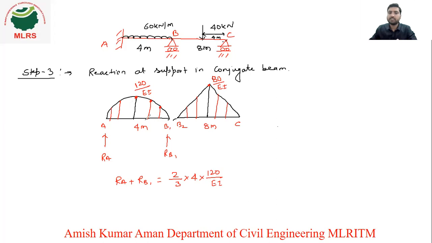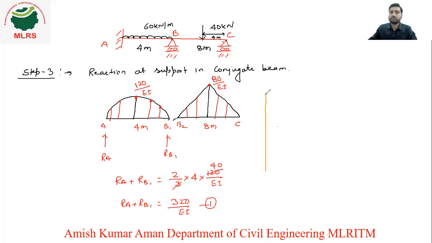This will give you the total load on this span. So Ra plus Rb1 will be equal to 320 upon EI. Let's take this as equation number 1.